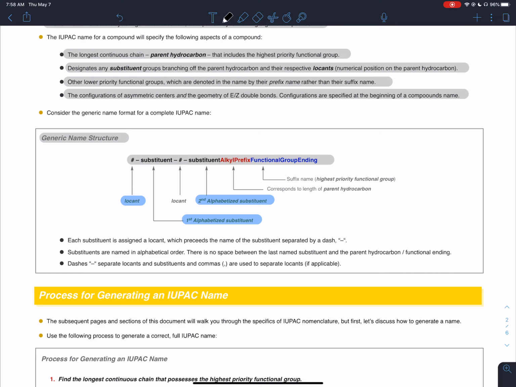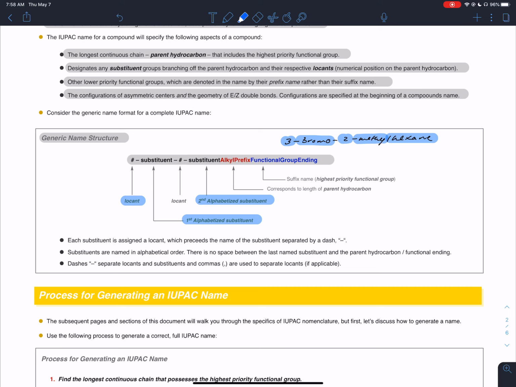You might have a compound named 3-bromo-2-methylhexane. Okay, this is a correct IUPAC name. Here we have a locant specifying where a bromine is on a 6-membered chain, and there's also a methyl group at the 2 position.